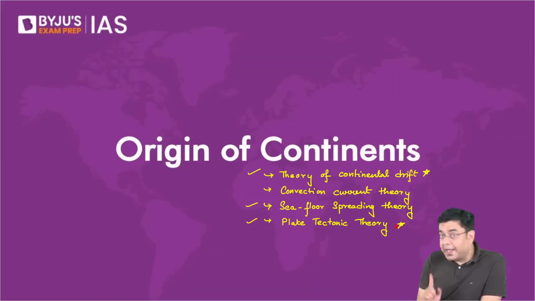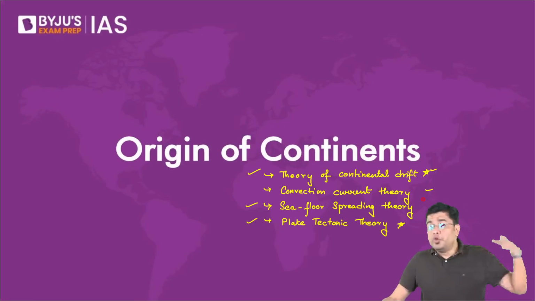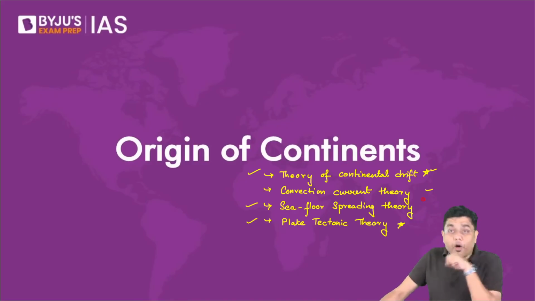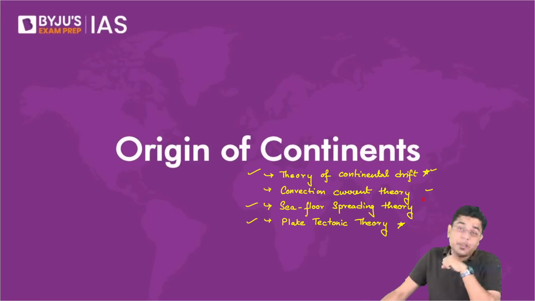Now, again, I would reiterate here that the theory of continental drift, the theory of convection current, and the theory of seafloor spreading are not valid theories as of today. These have been postulated almost a century back. It is the plate tectonic theory which is followed in order to understand the origin of the continents, the shape of the continents and the oceans, and the various events and landforms that they end up creating in the process.